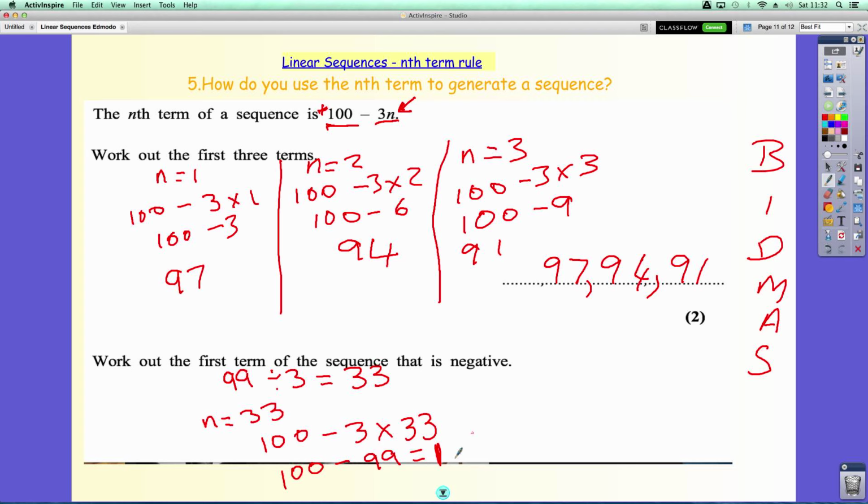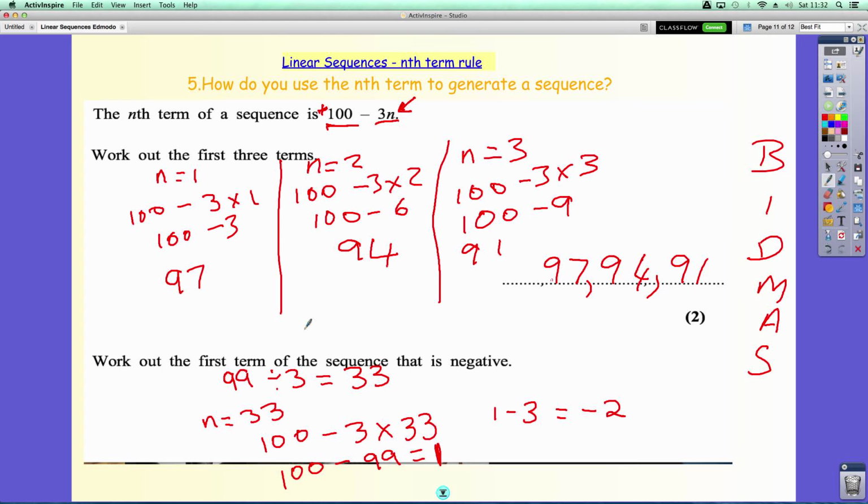So I can then go 1 minus 3 equals negative 2. And so my first negative term is minus 2.